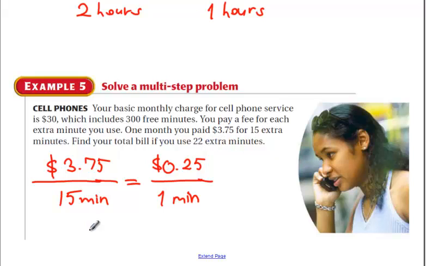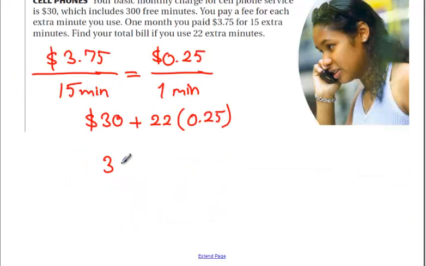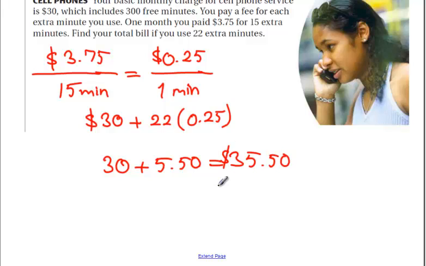Basically, I pay $30 for 300 minutes, right? For 300 minutes, and I need to pay 22 minutes times 25 cents. Then I need to multiply 22 by 25 cents, and it's going to be $5.50. The total bill is going to be $35.50. This is the total bill.